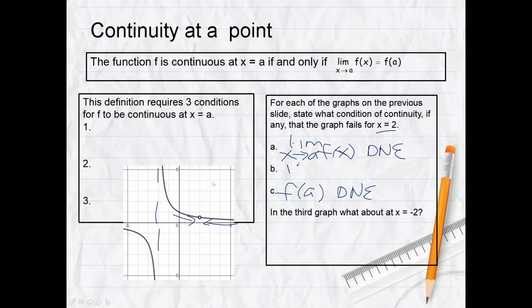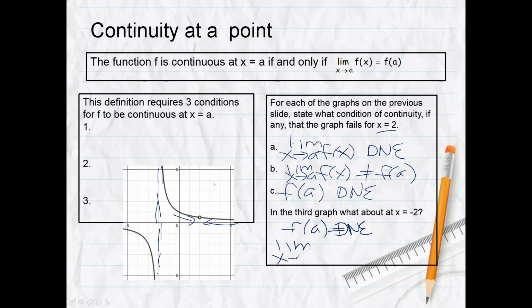All right, so each of those situations failed a different criterion. Now, what about the third graph where x equals -2? Here f of negative 2 does not exist, and the limit does not exist. Neither of them has a value, so it fails both of those conditions.